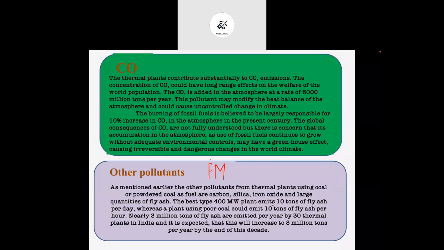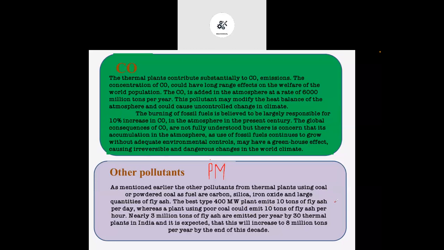The fly ash particles are so small that we cannot control 100% of the fly ash. During the transportation or storage of the fly ash, some particulate matter will mix with the airflow and travel from one point to another, which again creates some problems.